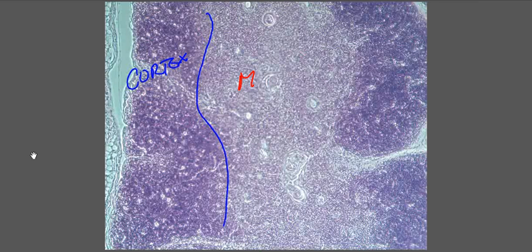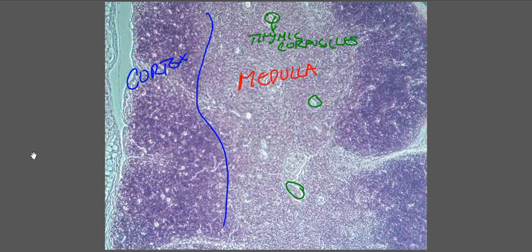Now here we have these things. What are these things? Yeah, thymic corpuscles. You guys will fix my spelling. All right, so that's pretty much for the thymus.